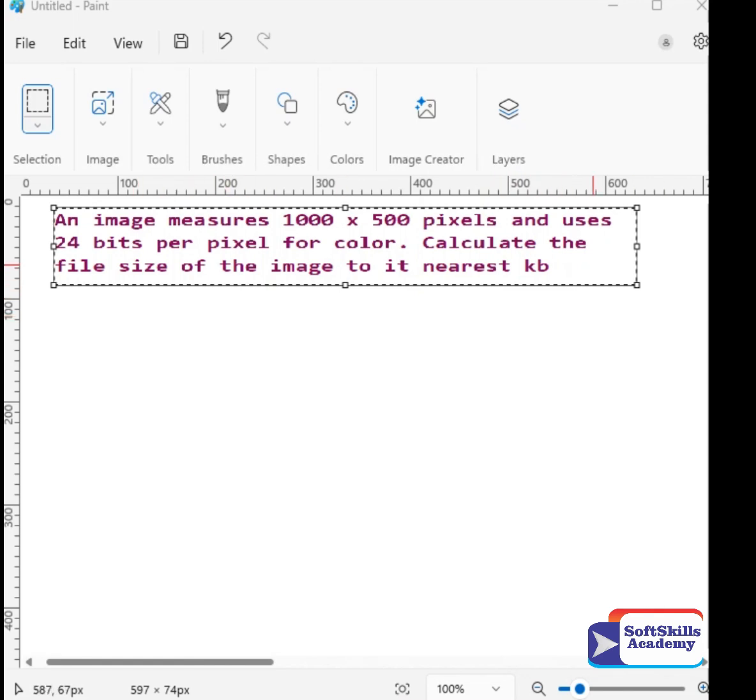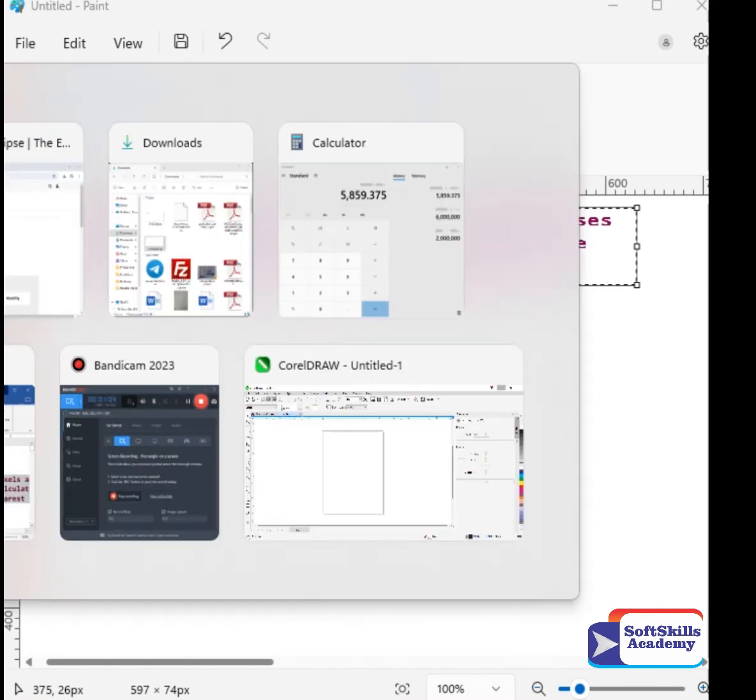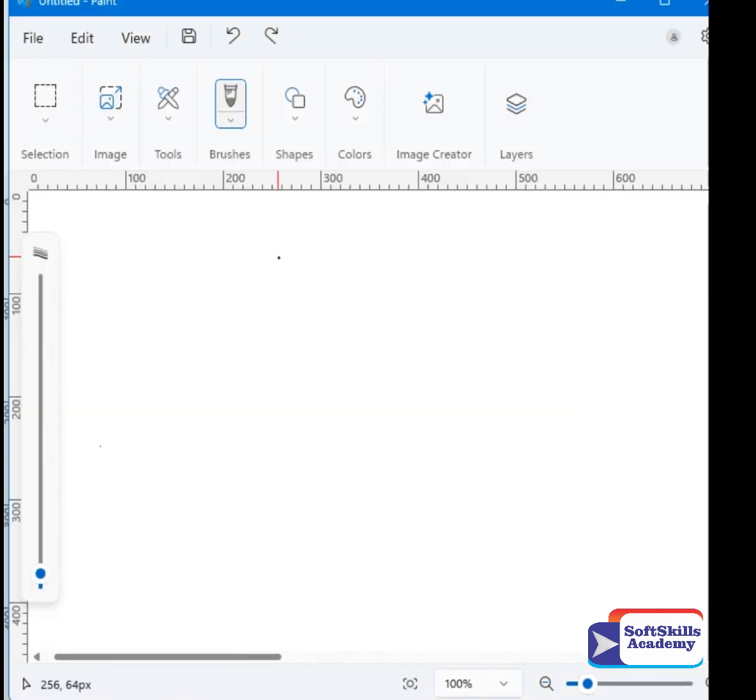First of all, to get the total number of pixels, we are going to multiply the width and the height. So this is the width, this is the height of a given image. Let's draw the nearest rectangle.